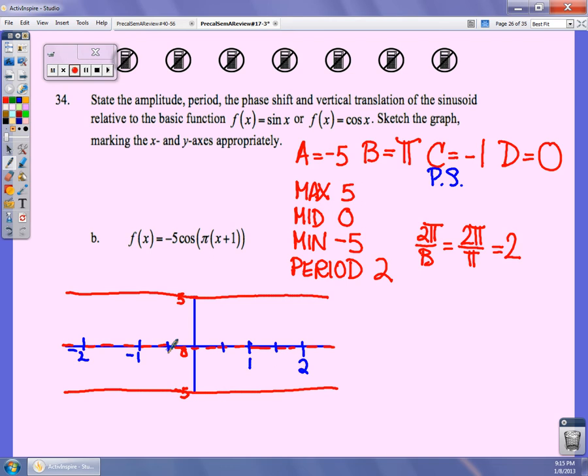Now, this is a cosine function, and cosine usually starts up at the top. Because this is negative, we know it's going to start at the bottom. It's then going to hit a middle point, go up to the maximum, hit the middle point again, and go down to the minimum. And let's sketch that in.